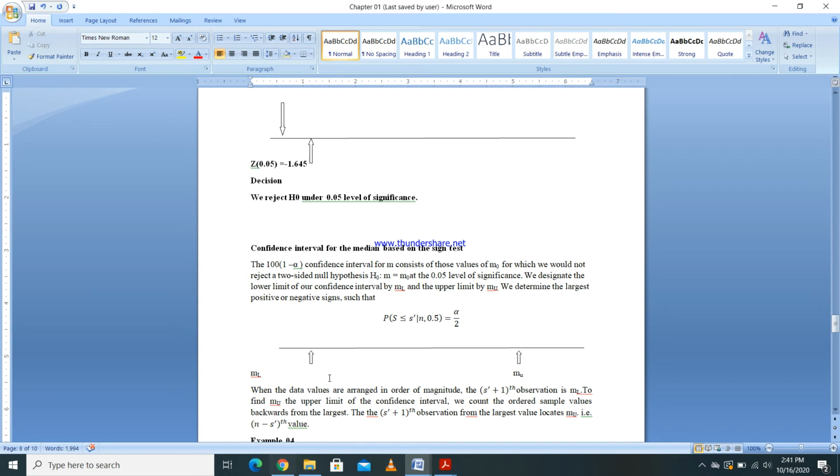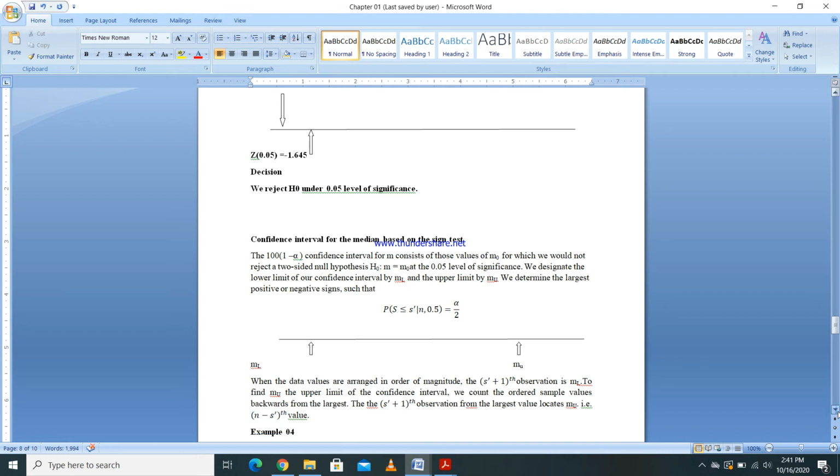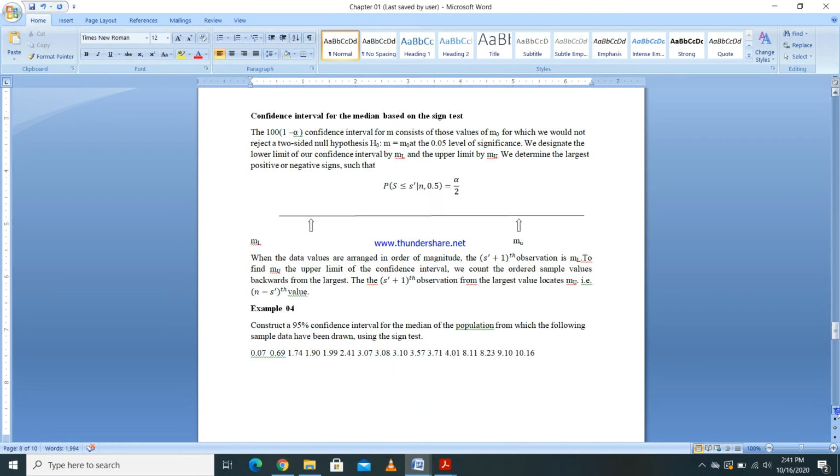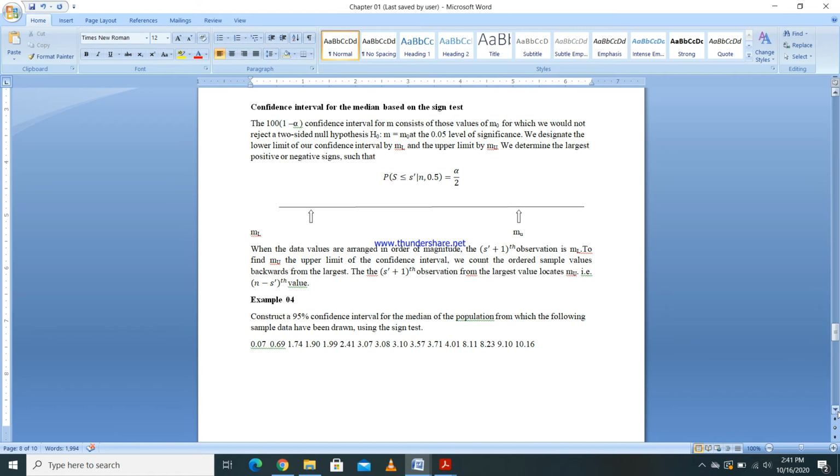To find the upper limit, you can start counting from the back, and the S dash plus 1th value from the backward would be your upper limit. Or else you can take the sample size minus S dash position, and the value there would be your upper limit. So let's see an example.